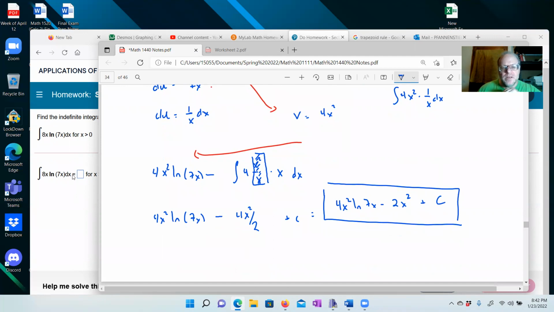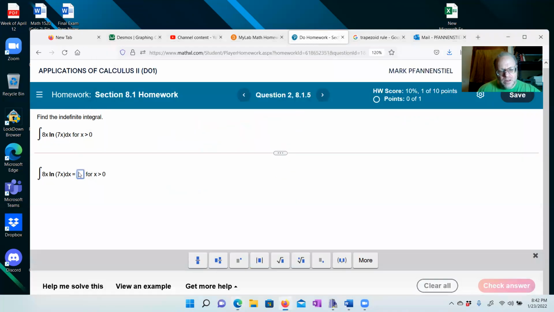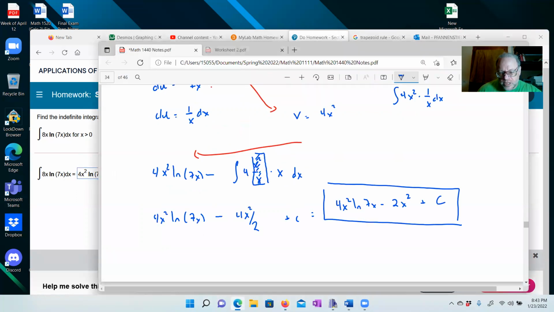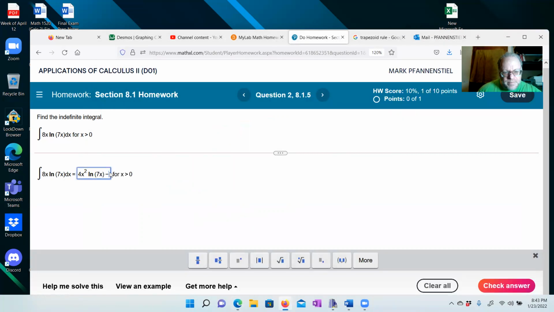Okay, so this is going to be 4x squared natural log 7x, minus, and then it looks like 2x squared, and then plus our c.